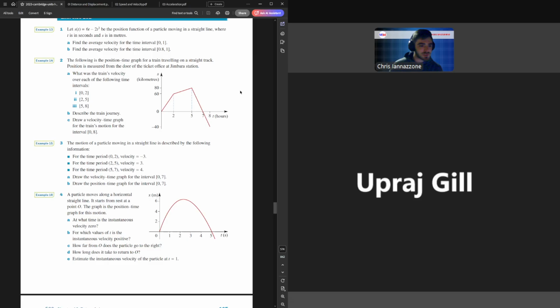Okay, so you split it up into two separate parts. Can you split it up, or should we just join that last bit together? You can do either. I was expecting you to do from 5 to 8, and the wording for that would be to say that it starts moving in the direction of the origin, or left.